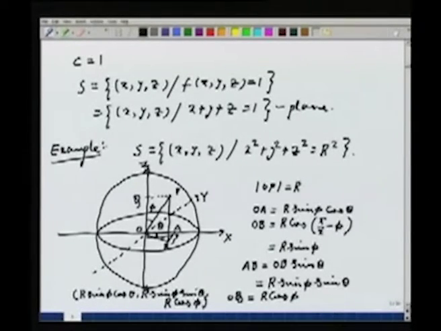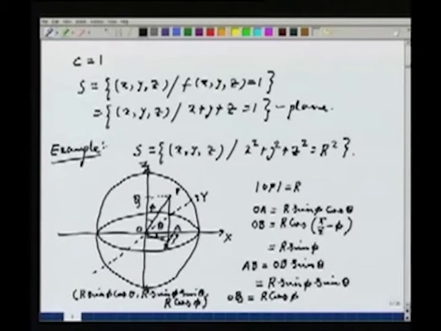Okay. So what exactly is the map now? Let us see first what is the variation of phi and theta. If you want to get any point P, the point is either on the upper hemisphere or on the lower hemisphere. If it is in the upper hemisphere, then the variation of phi can be from 0 to pi by 2.